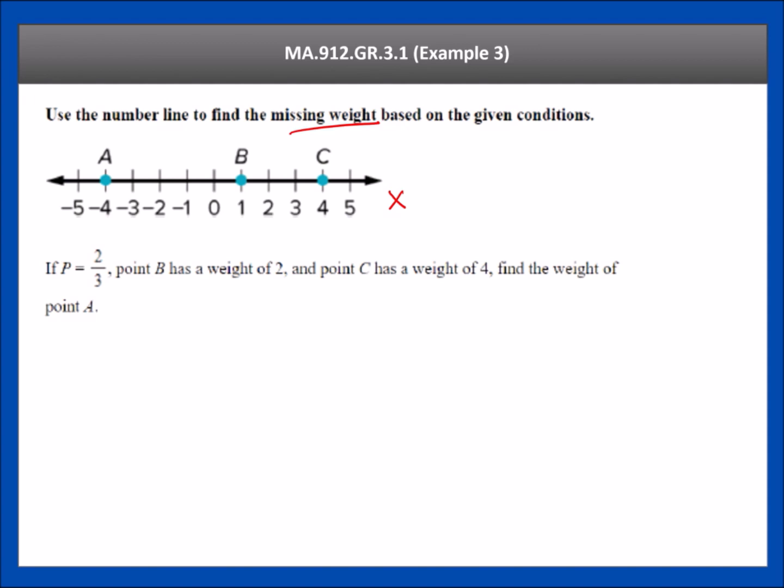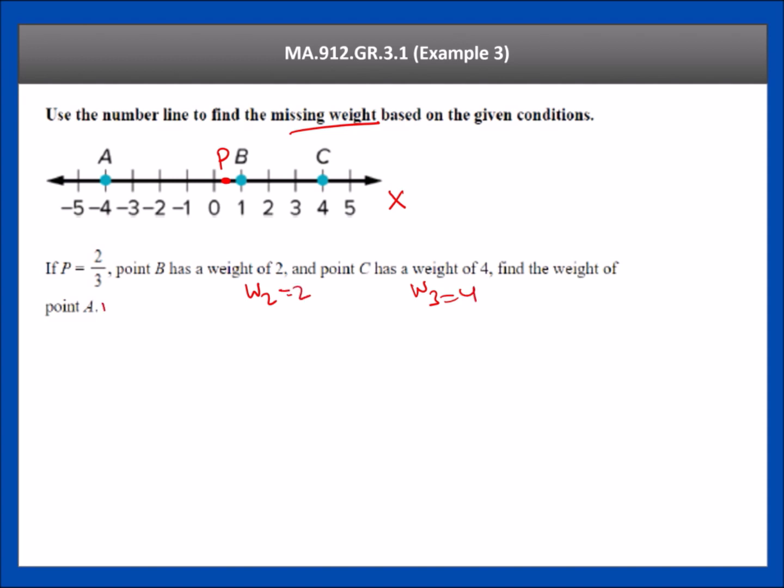So p is 2/3, so it's like here. This is like where p is, right? That's where P is located. It says point B has a weight of 2, so this is going to be W2 because point B is like the second coordinate. Point C is the third point, so we're going to call that W3 for weight of 4.